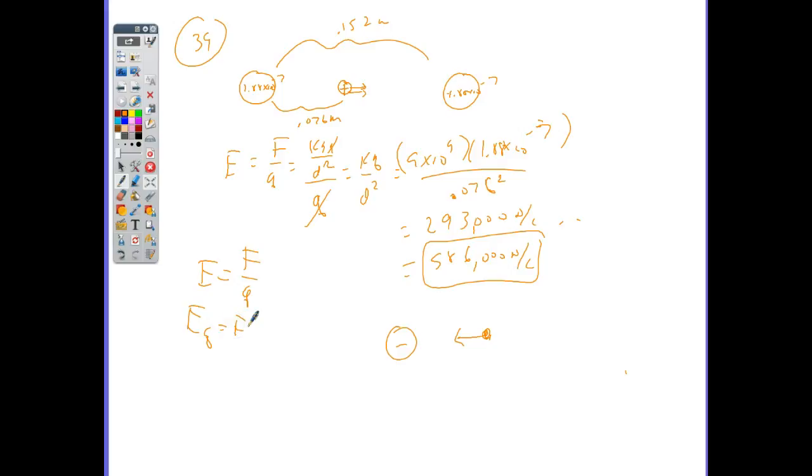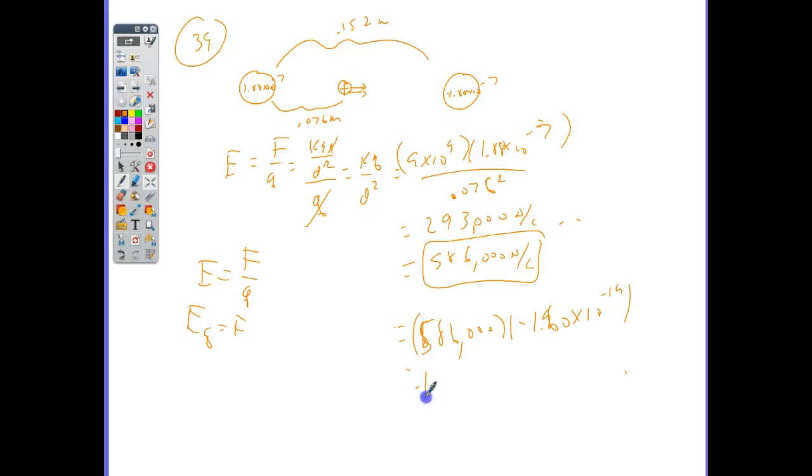So I would just take my electric field, 586,000, times negative 1.60 times 10 to the negative 19, the charge of the electron. On my calculator, shift answer times 1.6 exponent negative 19.